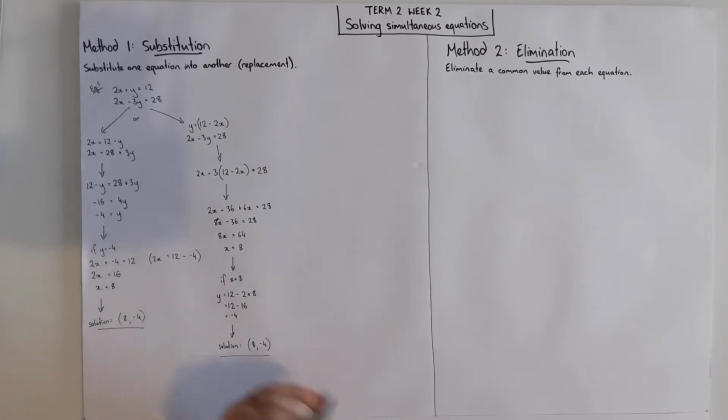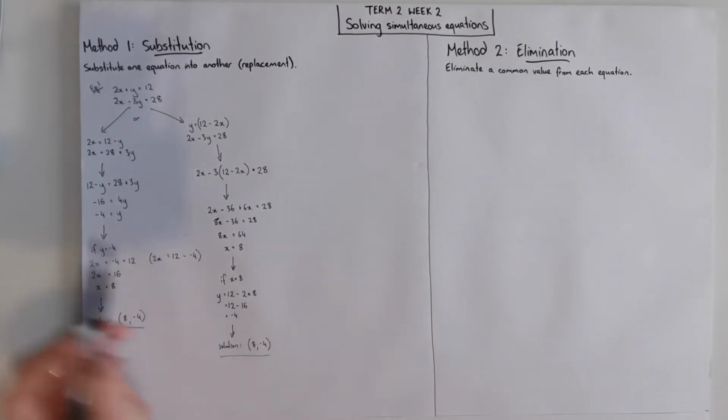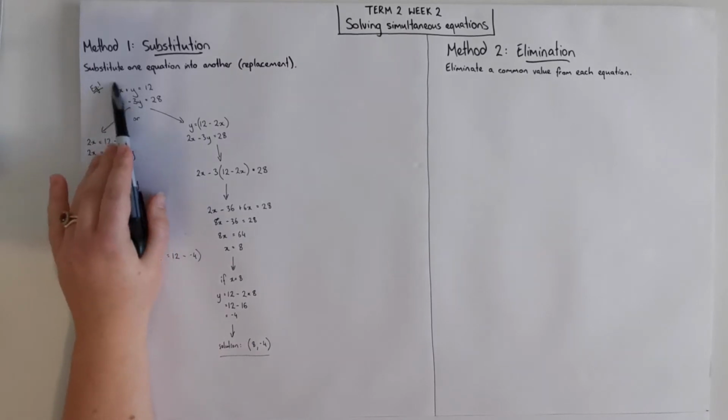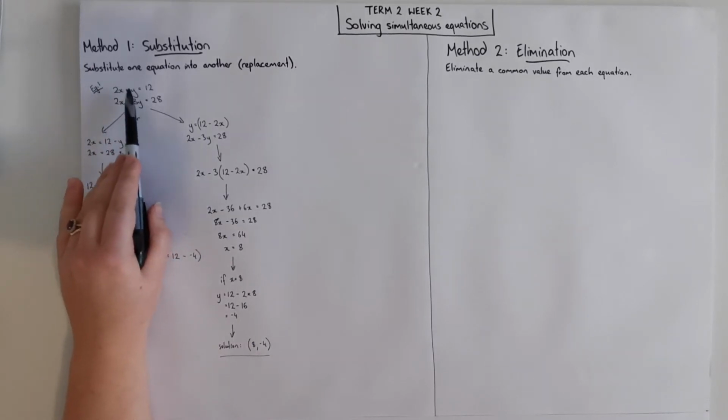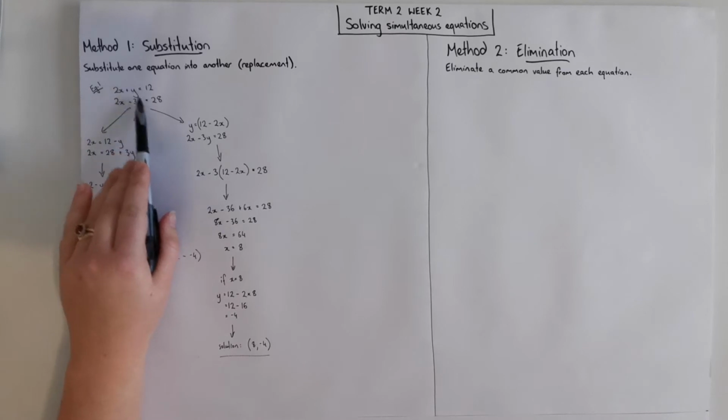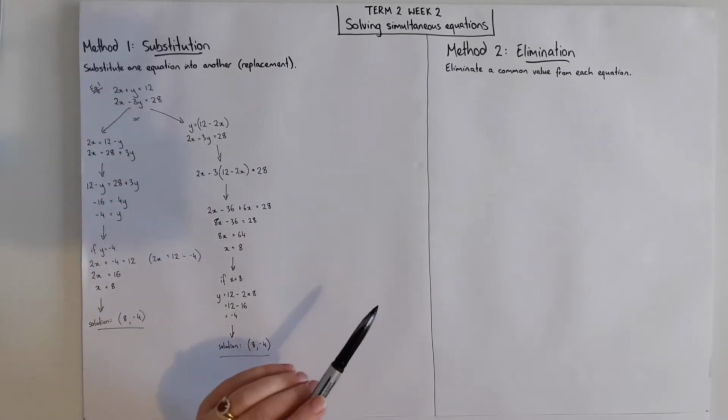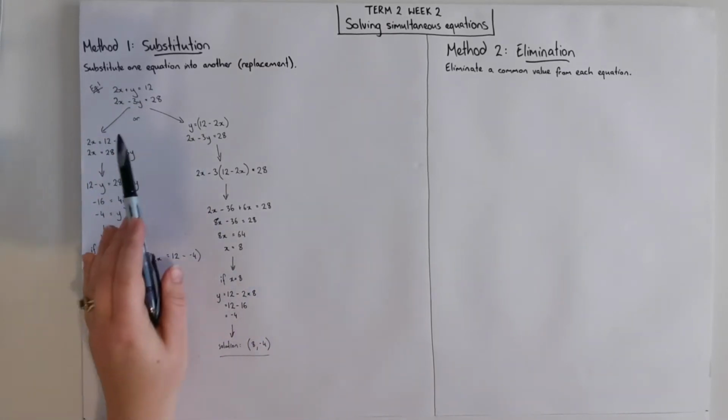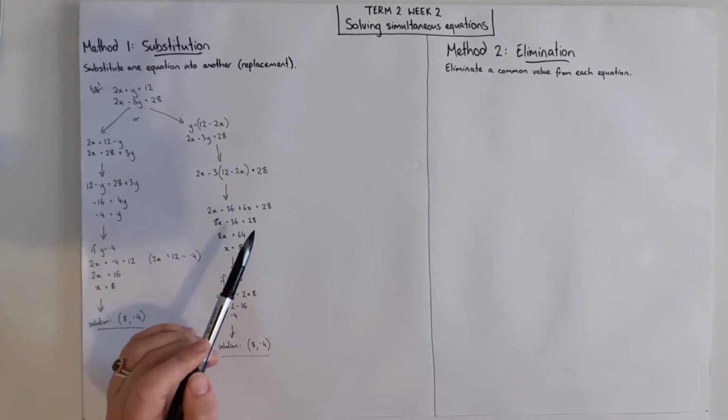Now, that's just one example, and it's an example of a relatively easy problem. We had quite low coefficients here, and I had the opportunity to rearrange it if I so chose. Both of these are also straight lines.